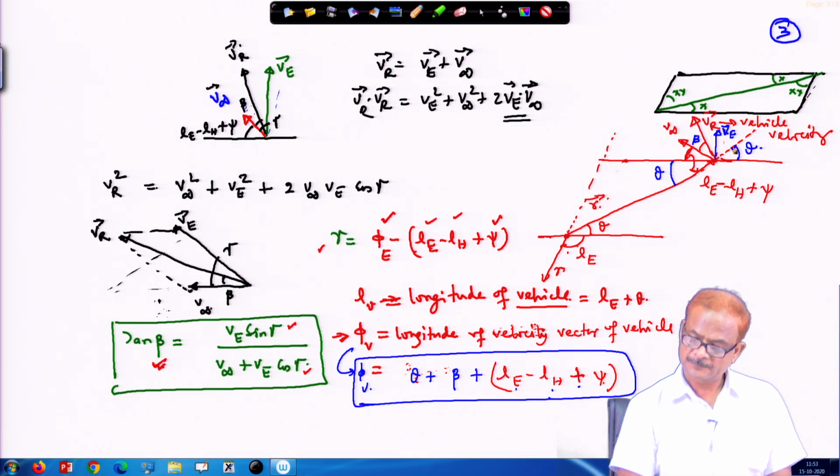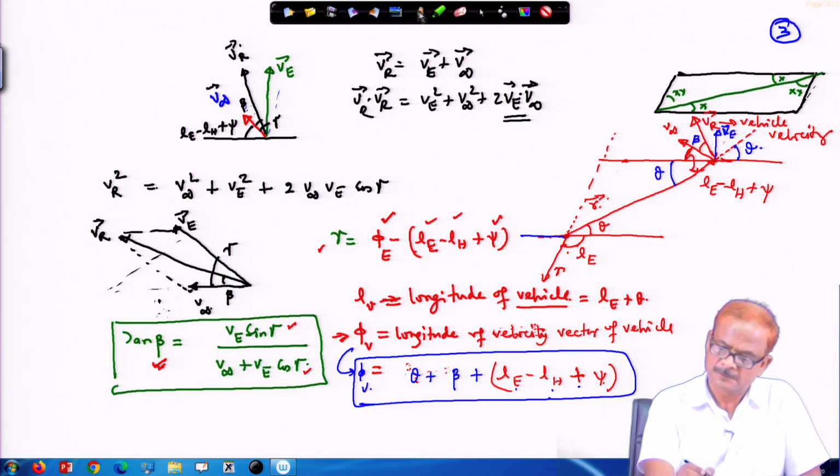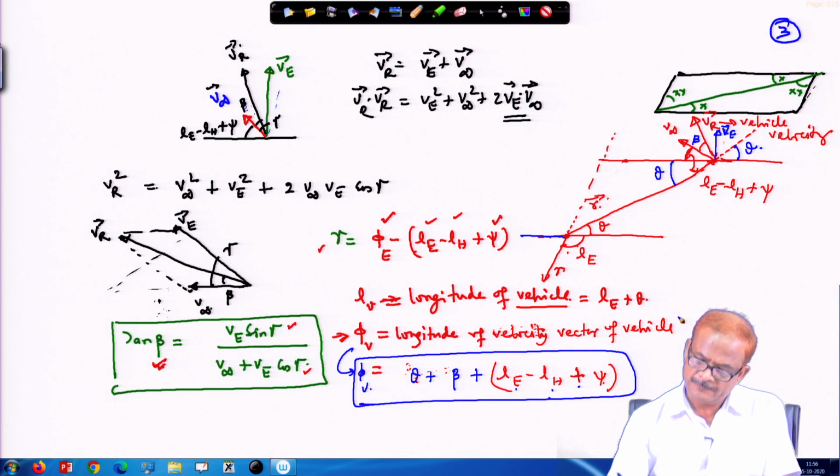So, all the angles we have to write here properly to work it out. Thus, what we are doing here is writing phi v equals theta plus beta plus L E minus L H plus psi.